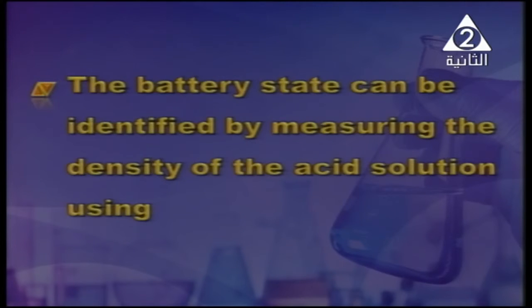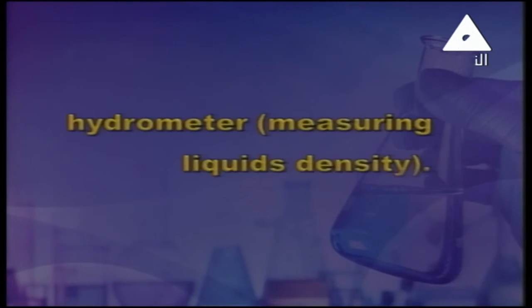The battery state can be identified by measuring the density of the acid solution using a hydrometer. What do you know about hydrometer? Hydrometer is a tool that is used to measure the liquid density.